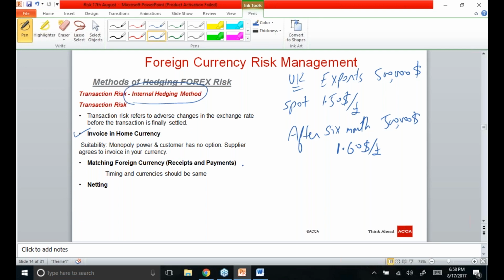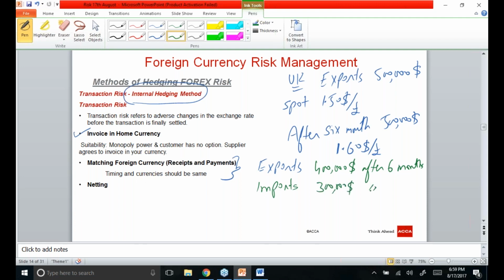Matching foreign currency. The examiner will not specifically ask for this hedge, but in every question you will have to apply this. Like, if you have exports of $400,000 after 6 months, and at the same time you have imports of $300,000 after 6 months.